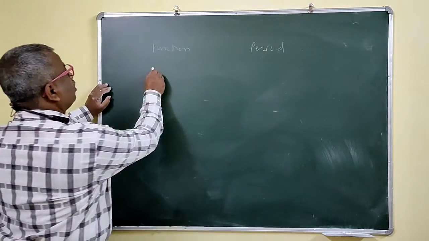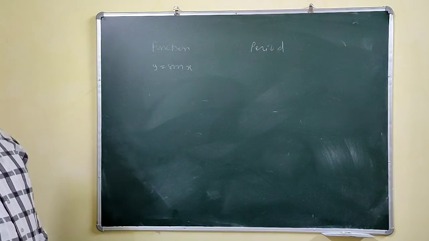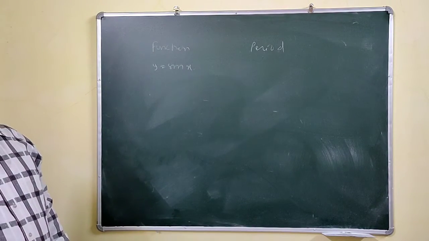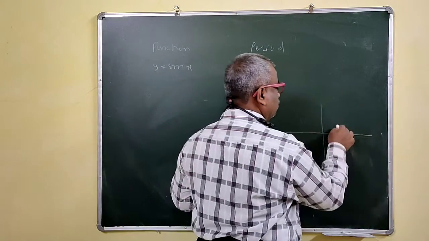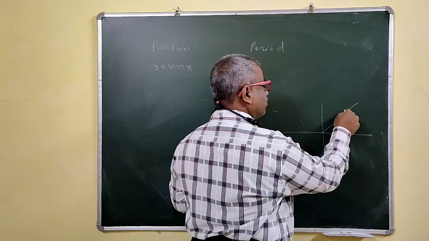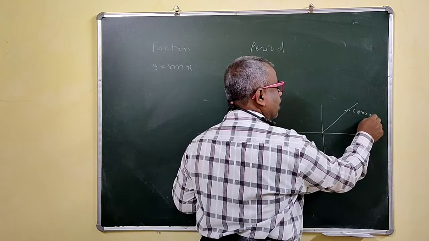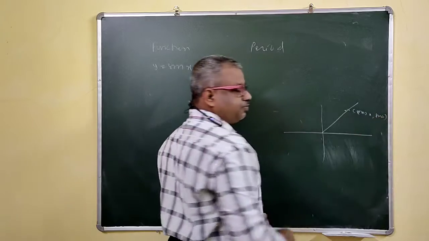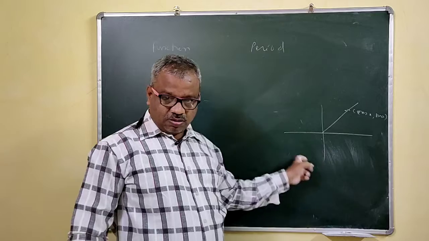So we'll find for y is equal to sin x. What will be the period? See, if your angle is this, this is your cos x, and this will be your sin x. They are the same only after 2 pi.